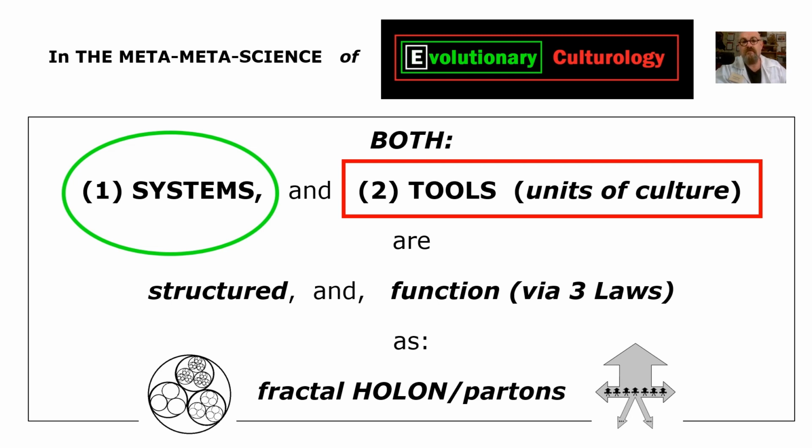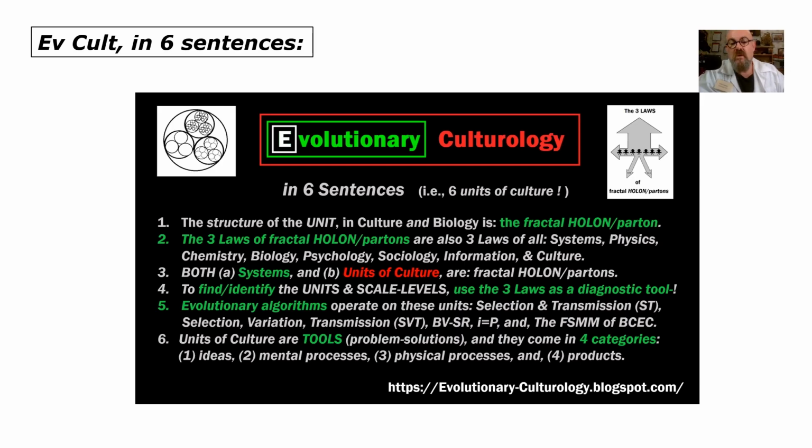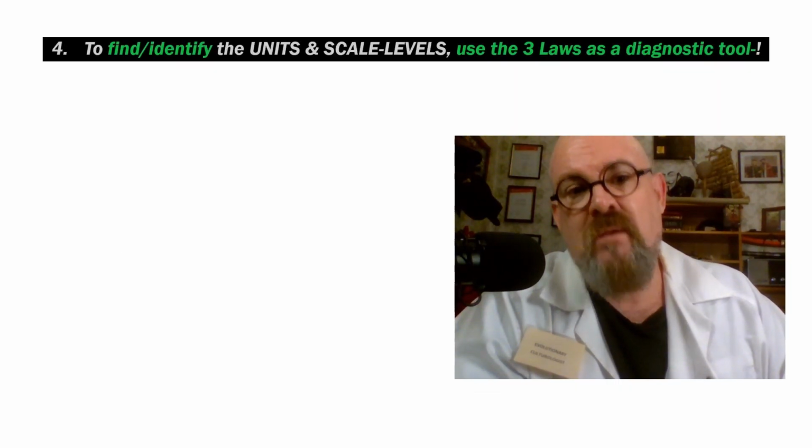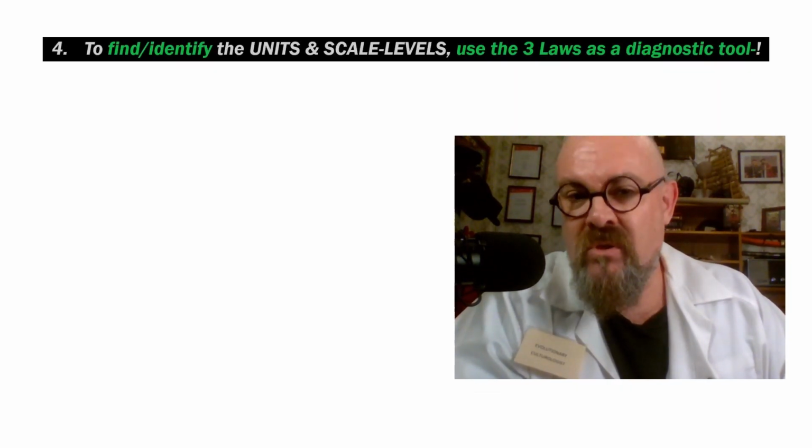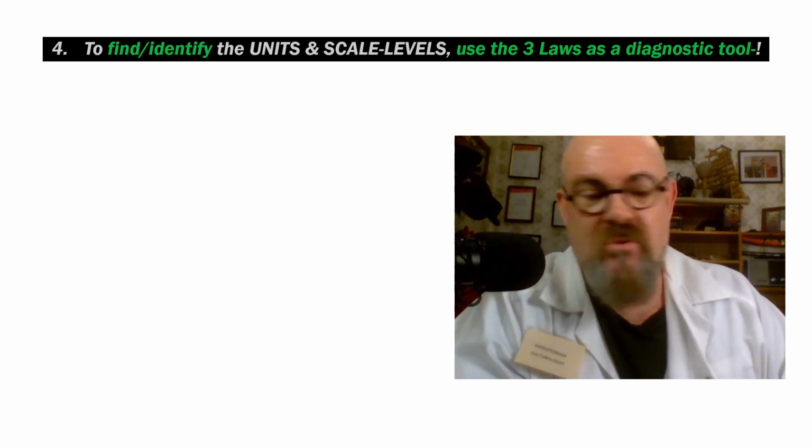Worth repeating. So, we are now up to number 4. To find or identify the units and scale levels in any domain, use the three laws as a diagnostic tool. There we go again. To find units on different scale levels, use the three laws.